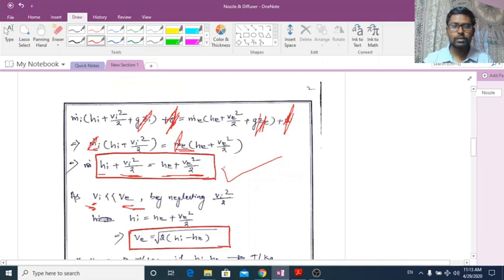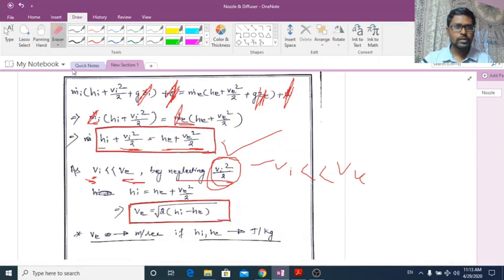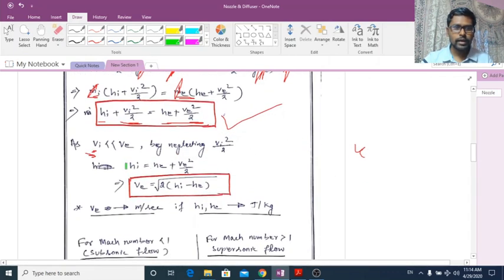So the VI square by 2 term, that is the kinetic energy per unit mass of the fluid entering the nozzle, can be neglected because VI is very small compared to VE. So by putting this assumption, we get HI is equal to HE plus VE square by 2.